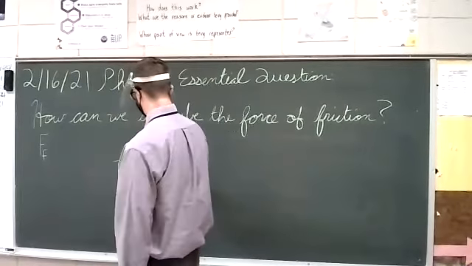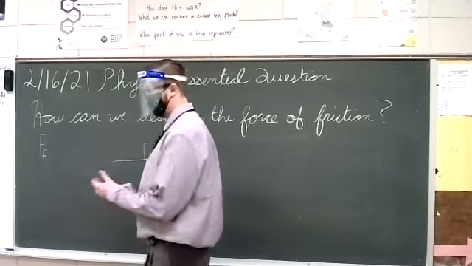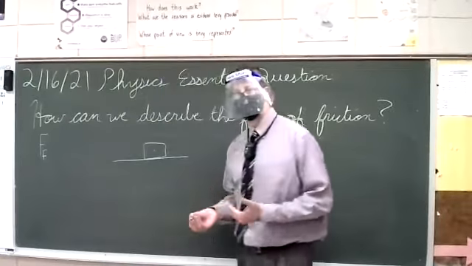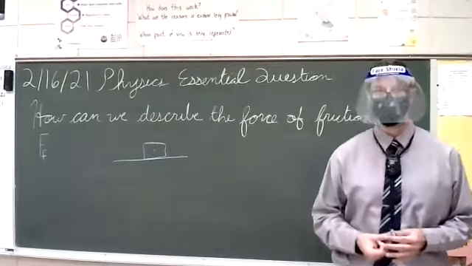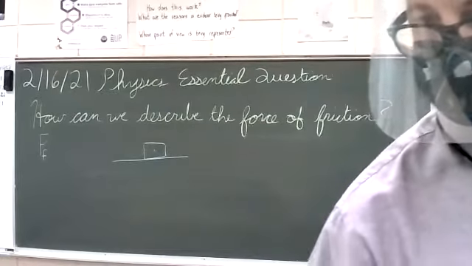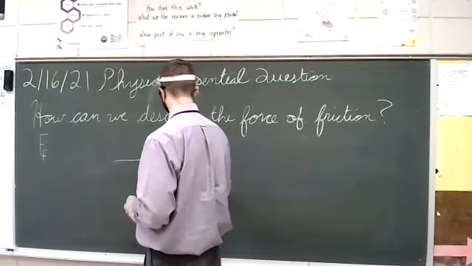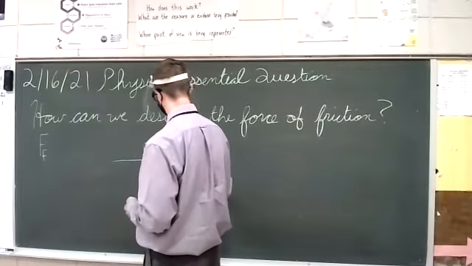If we consider an object, like a block, and we're going to apply a force to it. Remember that one of the types of forces is the applied force, like a push or a pull. We're going to measure that applied force by hooking a device called a spring scale or a Newton meter.